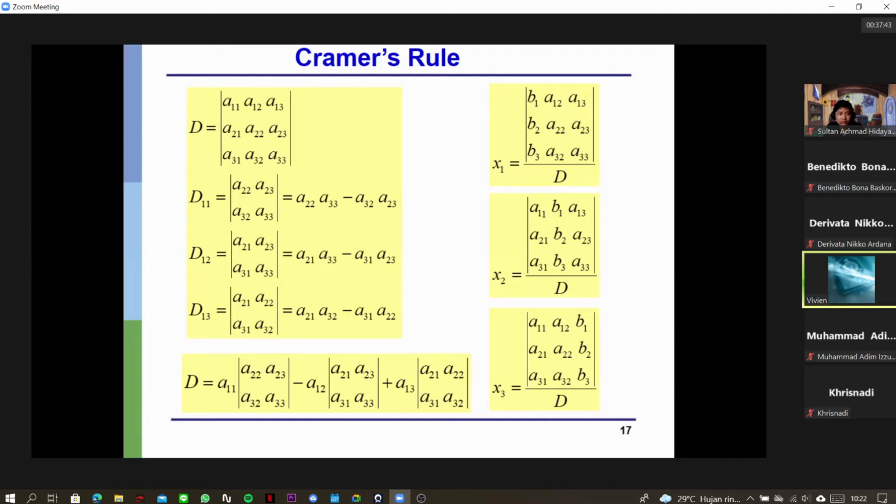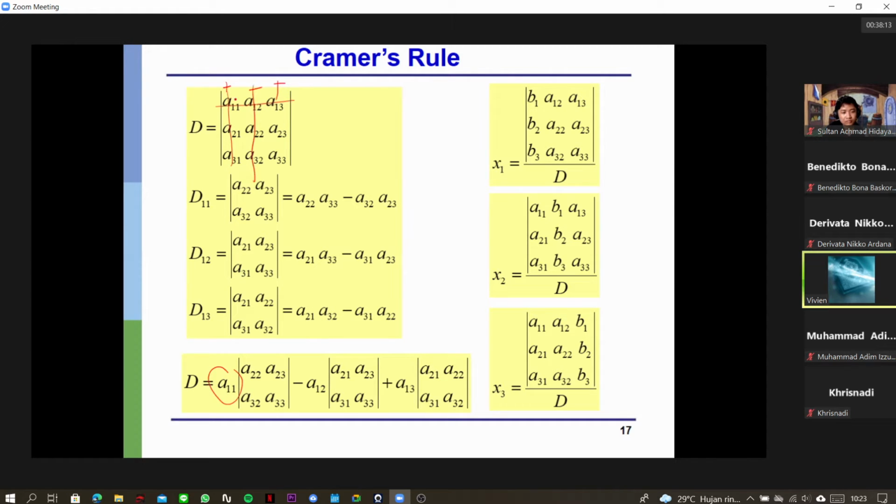So that we can find the determinant. This is how to find the determinant. Usually the signs are positive, negative, positive. If we take this one, A11, I think you still remember A11, that will be multiplied by A22 times A33 minus A32 times A23.